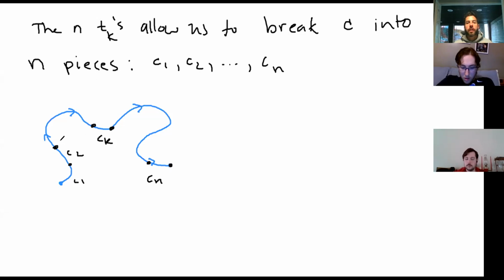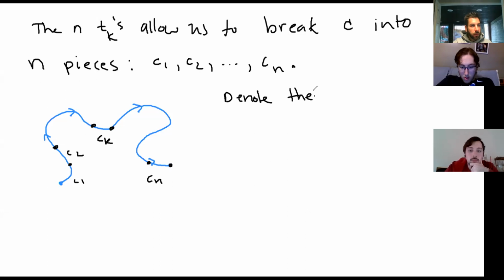Now, don't forget, even when we go back to Calc 1, we want you to imagine that n is a very large number. And that means that these little curve segments are very, very small. So of course we can approximate them with straight lines if we wanted to. We've done that in the past. Let's do the following.